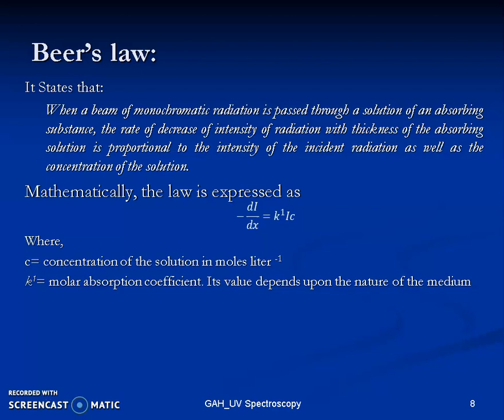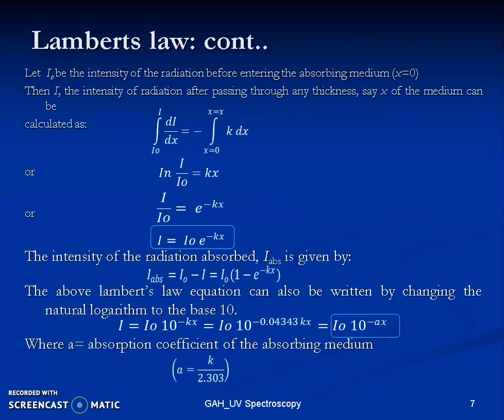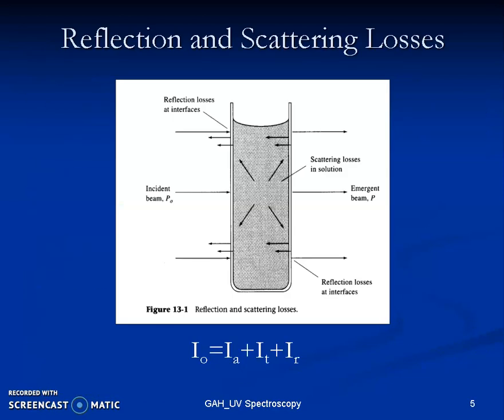I would like to take you through the previous discussion we had in this particular slide. Lambert's law was about the intensity of the incident radiation and the rate of decrease in the intensity with increase in the thickness.